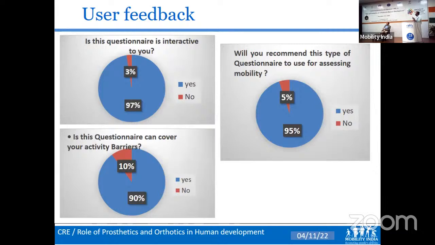Next: can this questionnaire cover all your activity barriers, like basic activity barriers, walking upstairs, downstairs, ramps and other things? 90% responded that most of their activities were covered by this questionnaire. And the last question: will you recommend this type of questionnaire for assessing mobility to other patients also? 95% of patients responded yes, they would recommend this type of questionnaire to other users also.